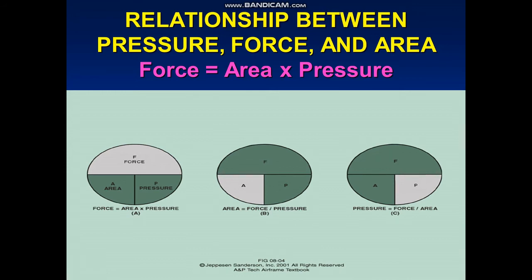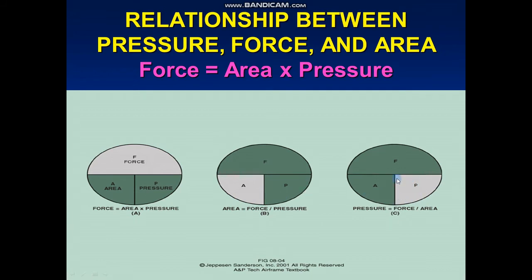Now we will talk about the relationship between the pressure, force, and the area. If you want to find the force, you have to multiply the area by the pressure. But if you want to find the area, you have to divide the force by the pressure. What about if you want to find the pressure?